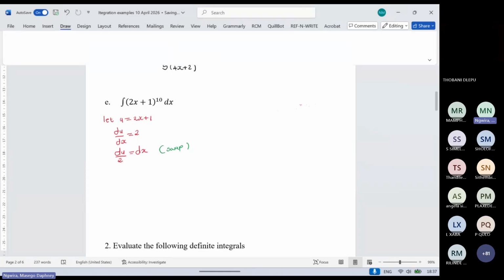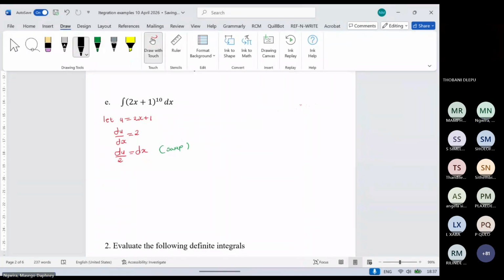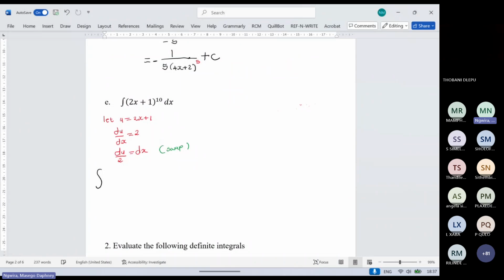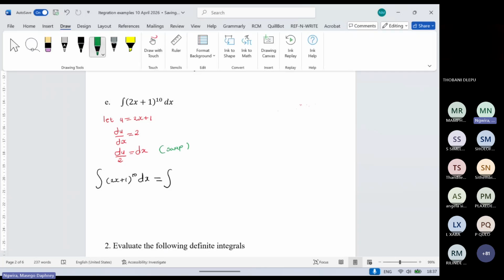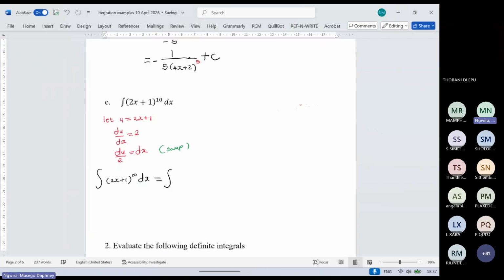So we are going to integrate. The integral of 2x plus 1 to the power of 10 dx is equal to the integral, and now we change 2x plus 1 to be u.